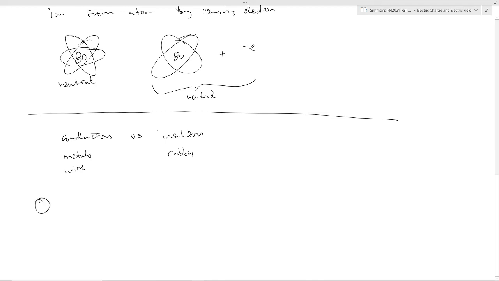So it impacts how you can charge objects. So, conductors versus insulators. I should say I'm not going into tons of detail here because I suspect many of you know a lot of this already. Also your textbook has a lot of detail on this, so don't forget to read chapter 21.